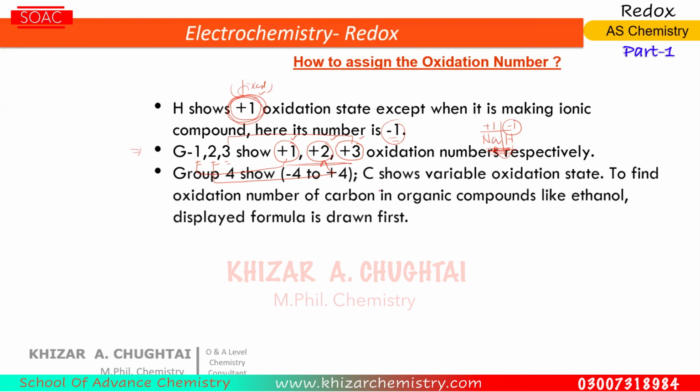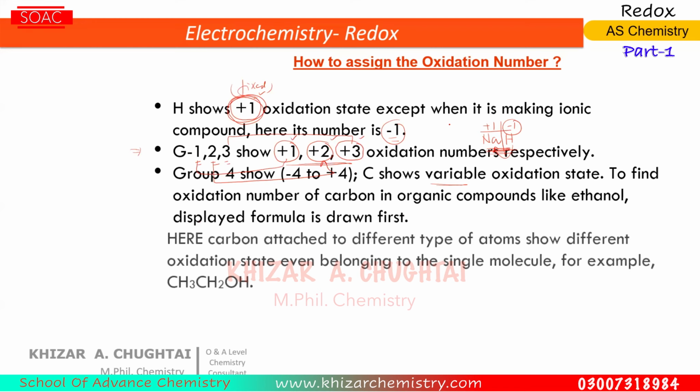Group 4 elements show variable oxidation state. I will explain in the organic compound section later on. Let me explain one thing more. Here it's a carbon, and it's also a carbon, but these two carbons are different. They have different environments. One is attached to 3 hydrogens and 1 carbon.